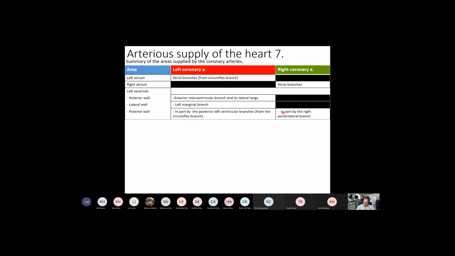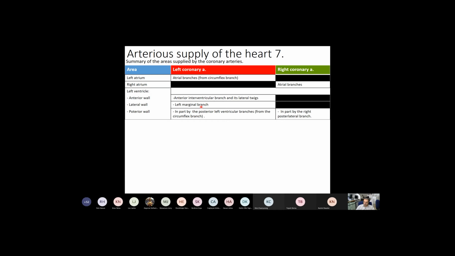Then the left ventricle has considerable blood supply from the left coronary artery. That is the main source. You have the anterior wall part, the lateral wall part, and the posterior wall part, which get blood from the left coronary artery. The anterior wall is mainly fed by the anterior interventricular branch.